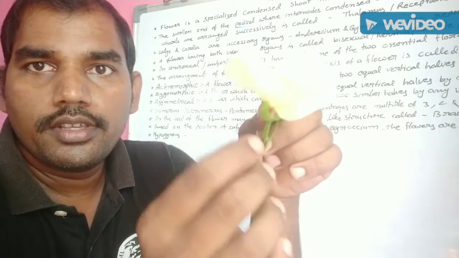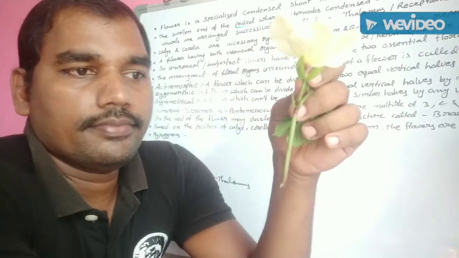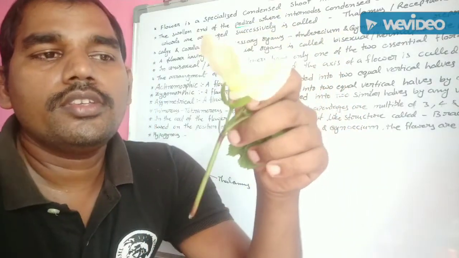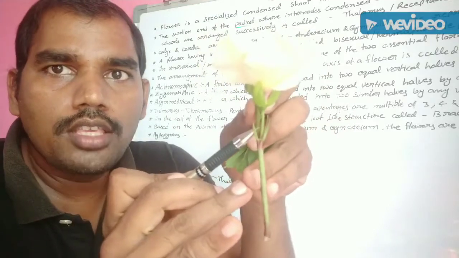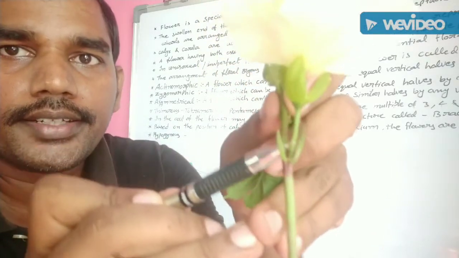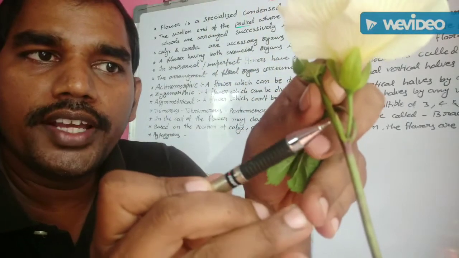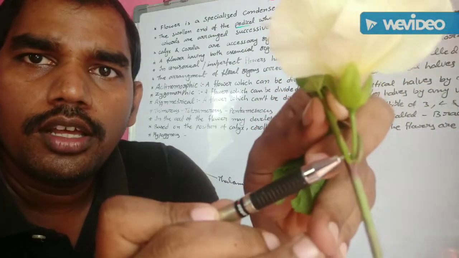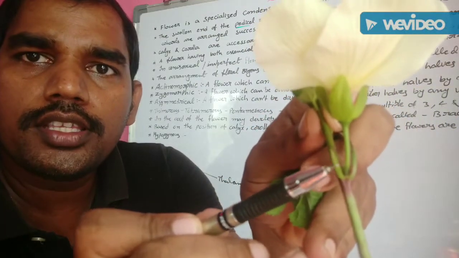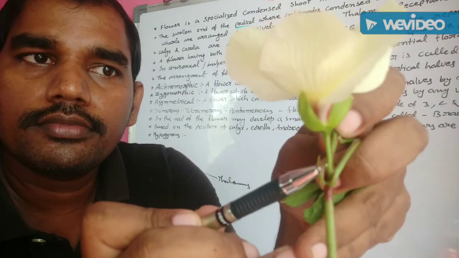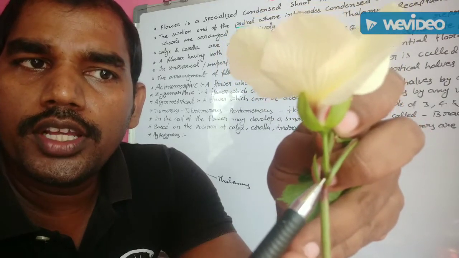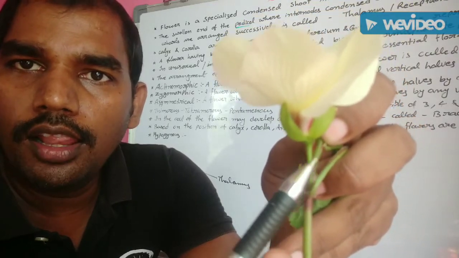This one is the bract, a small leaf-like structure. And this one is the pedicel.